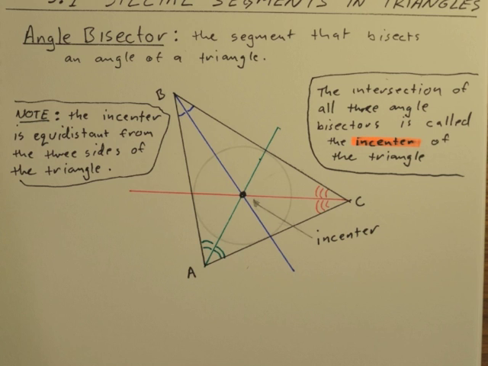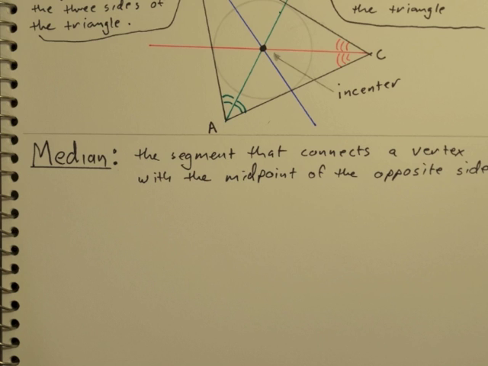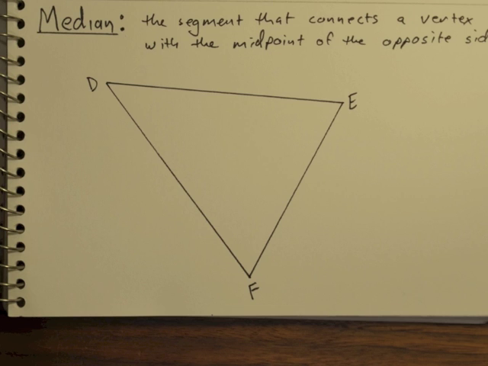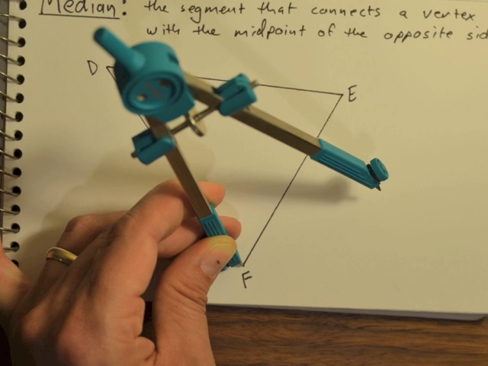The next special segments, they're called medians. So the median of a triangle connects the vertex to the midpoint of the opposite side. So once again, draw yourself out a triangle. I've called mine DEF. And first I'm going to construct the midpoint of segment EF.